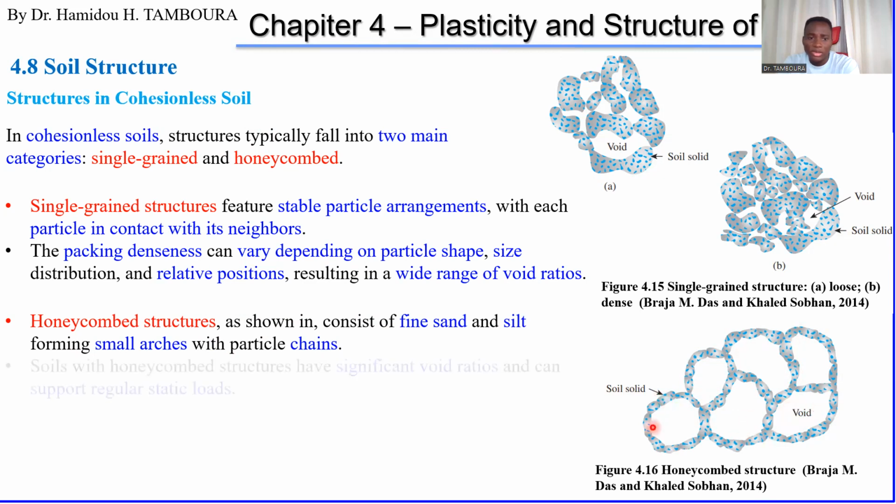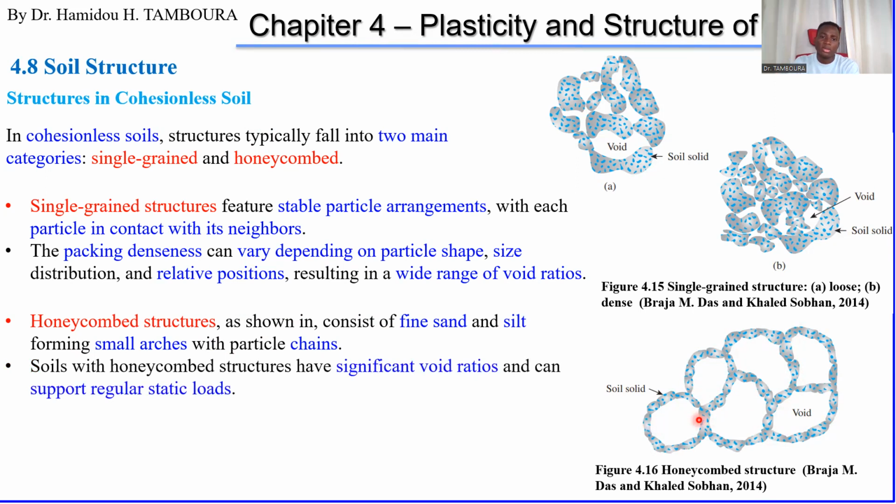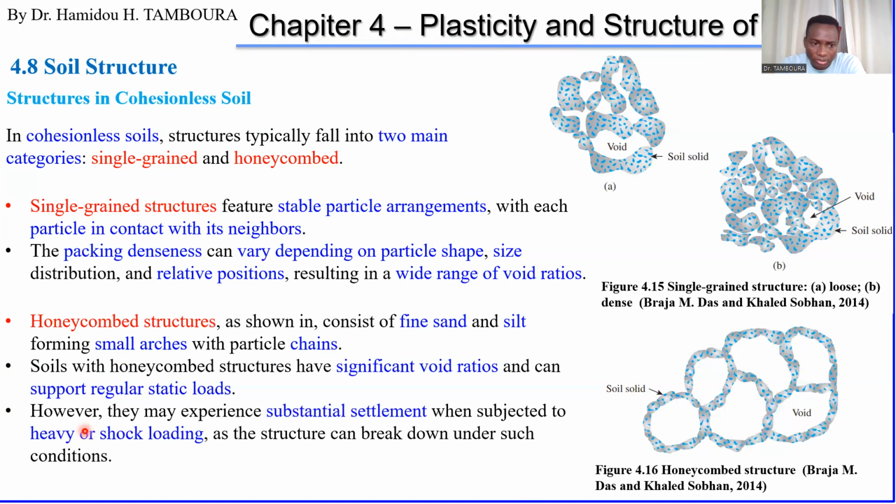As you can expect, this type of structure has a significant void ratio because the voids are too much in this type of structure. It can support regular static load, but it may experience substantial settlement when subjected to heavy or shock loading, as the structure can break down under such conditions.